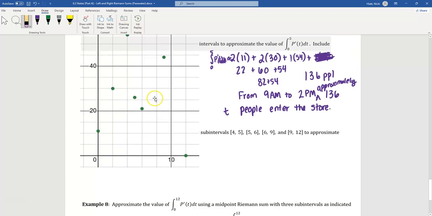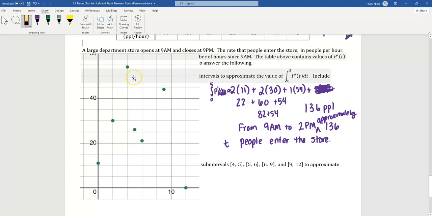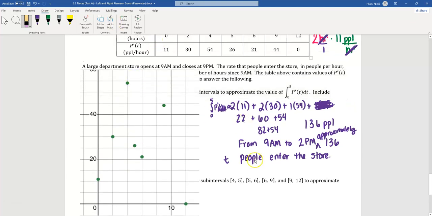So if we are calculating the right Riemann sum, that means the right endpoint of our rectangles is going to be on the graph. The first interval we're looking at, they're only asking us to go from 4 to 12, so we don't want to start until we're at 4 right here. My first interval is from 4 to 5.